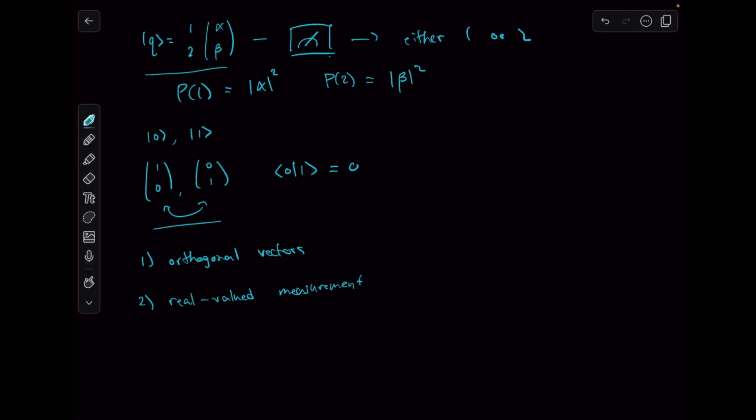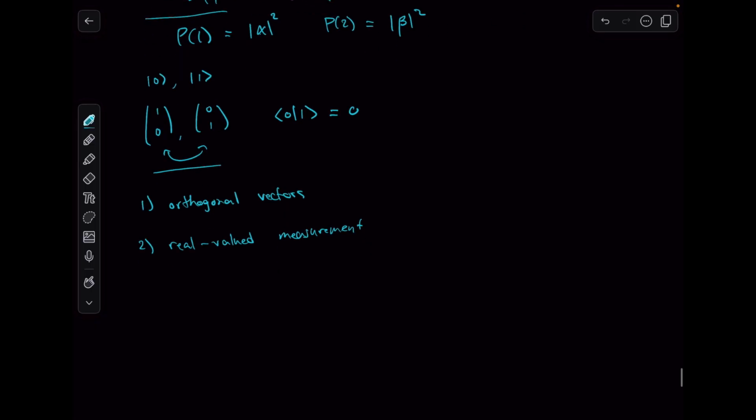And this leads us into something called, well, first, let me just get this out of the way. An operator is a matrix, or it's a way that you can act on a quantum state. So it's a linear transformation.